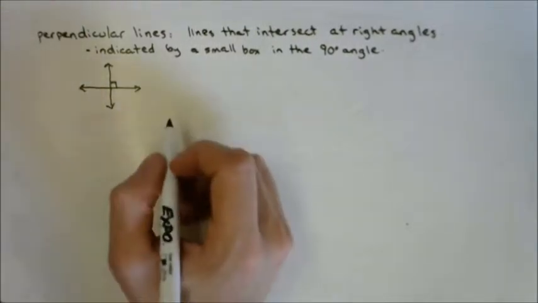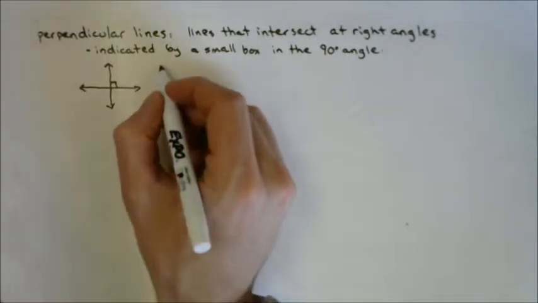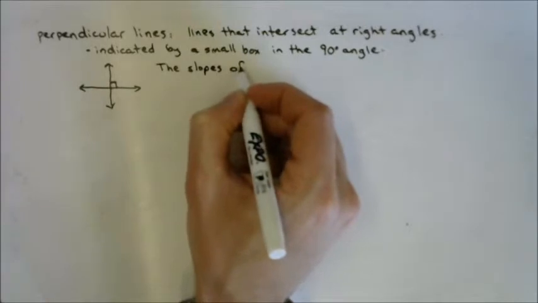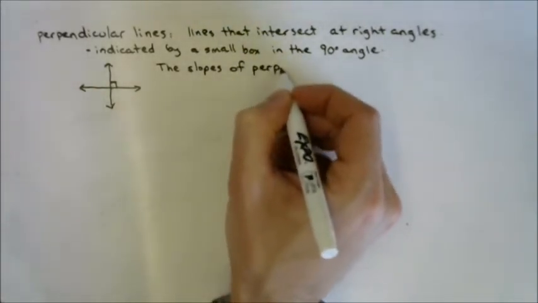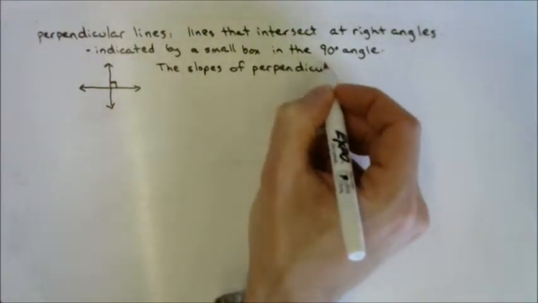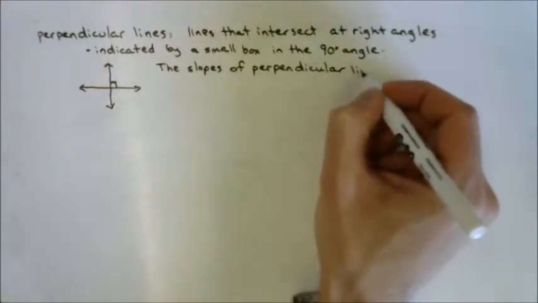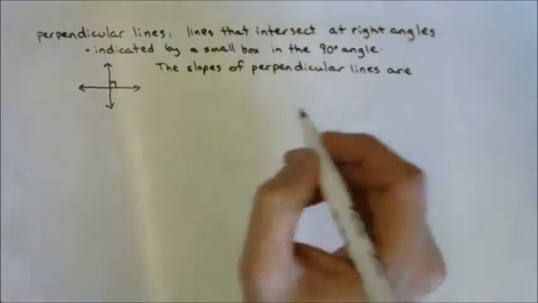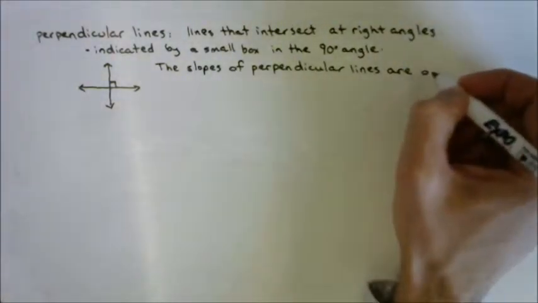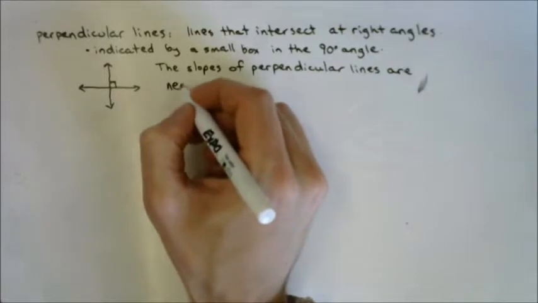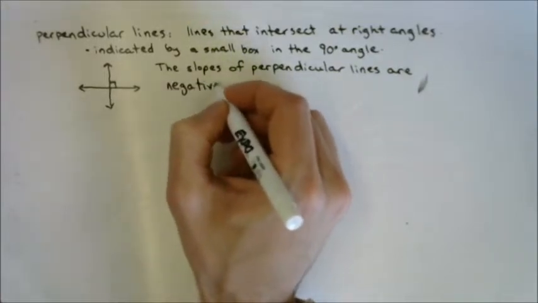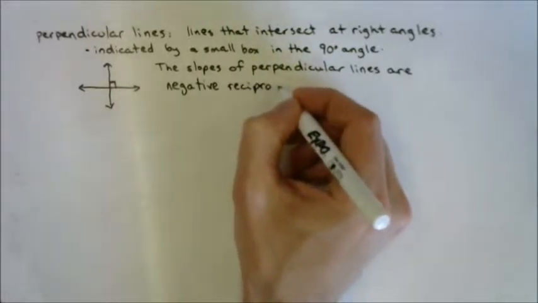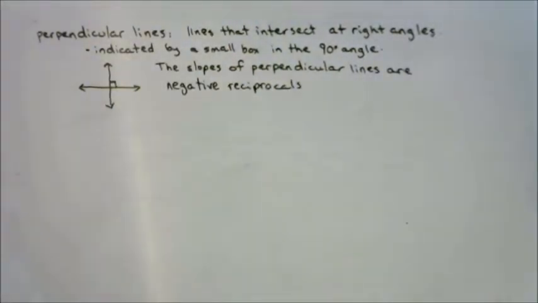Good. The other note that we have here is that the slopes of perpendicular lines, how do they relate to each other again? They are negative reciprocals. Negative reciprocals.